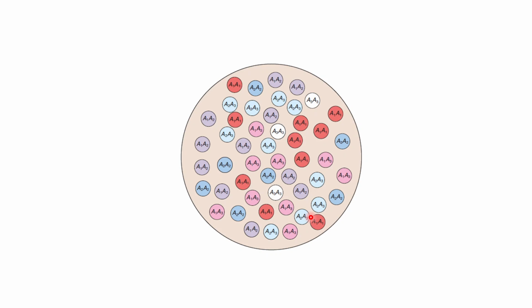Before modern medicine, individuals with these diseases would die before they could transfer it to the next generation. But nowadays they live longer, so they have more chances to have offspring.